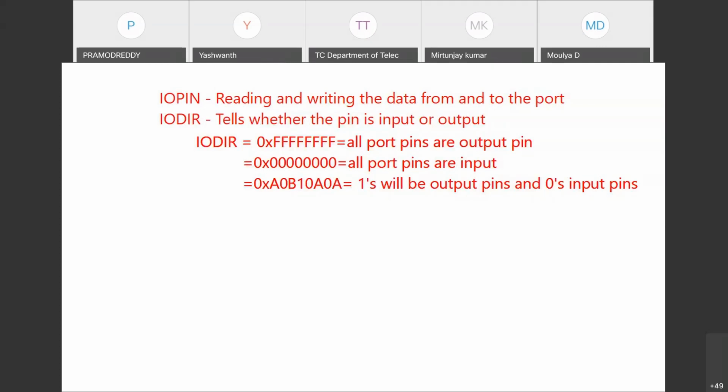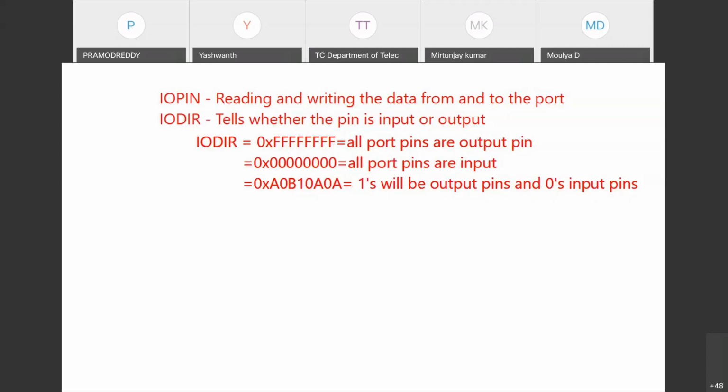Or the other, simpler way is to directly assign the registers: IODIR0, IOSET0, IOCLR0, IOPIN0, IODIR1, IOSET1, IOCLR1. For PINSEL, they are PINSEL0, PINSEL1, PINSEL2. Similarly, I have IODIR0 and IODIR1; two are sufficient because these two are 16-bit.